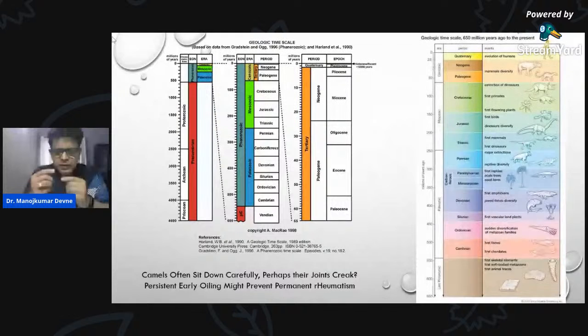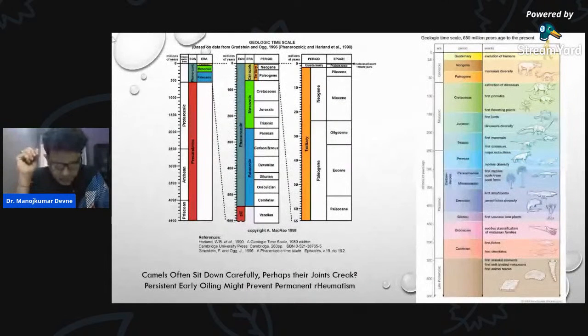They started using laws of physics and chemistry and measuring what could possibly be the age of the earth. So from sedimentation to salinity to fossils, carbon dating as it is called, and the rate of cooling of the planet itself were different methods which were used.